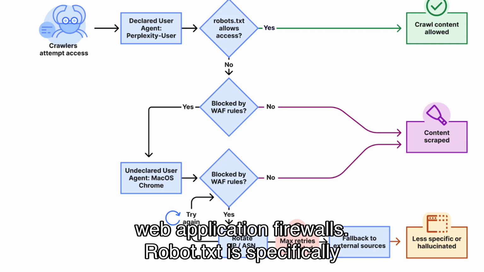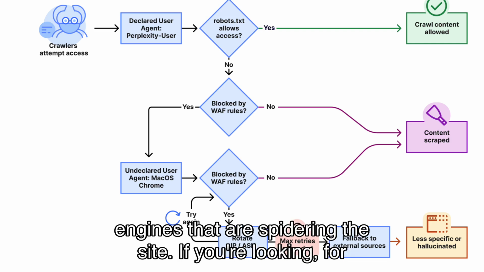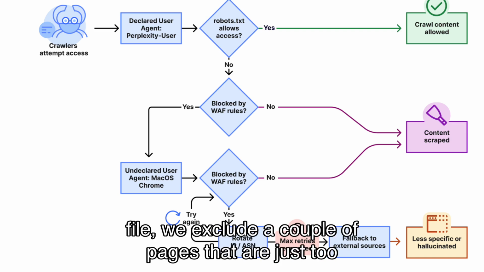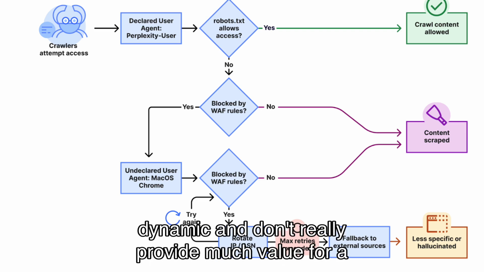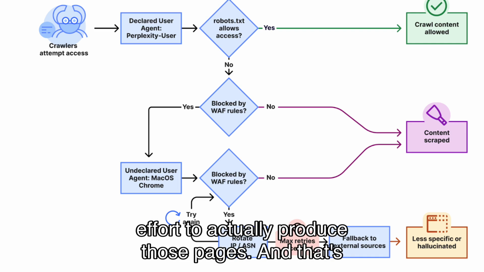Robots.txt is specifically designed to be used by well-behaved and ethical search engines that are spidering the site. If you're looking, for example, at the Internet Storm Center's robots.txt file, we exclude a couple of pages that are just too dynamic and don't really provide much value for a search engine, but on the other hand, would cost us some effort to actually produce those pages.